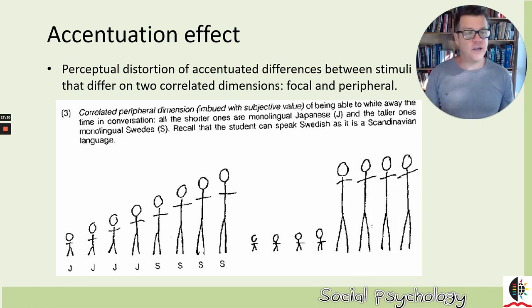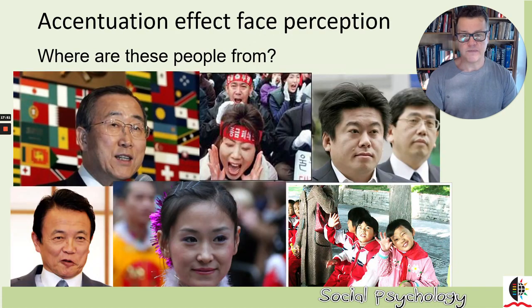It shows very nicely the accentuation effect, and many experiments have shown it. It's a perceptual distortion where the within-category differences are reduced and the between-category differences are increased. And that's really what the accentuation effect is.